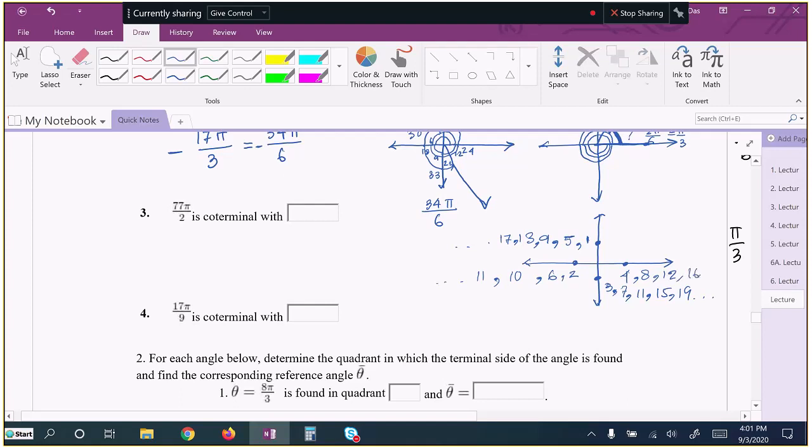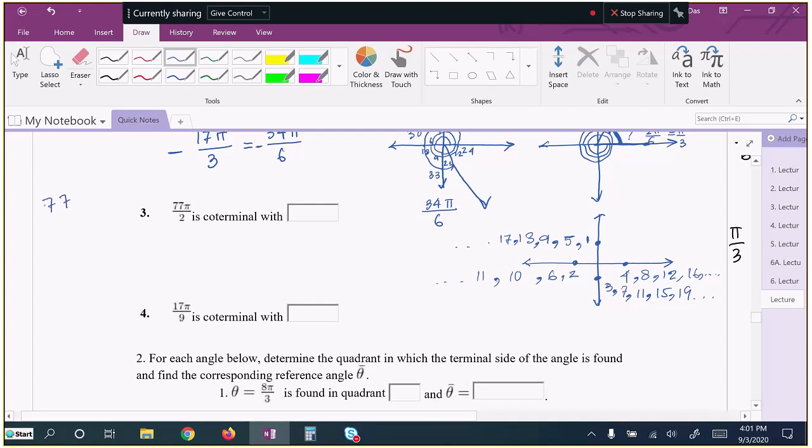What it tells us, once we have realized this pattern, is that if we want to know where 77 is going to stand on which of these axes, the positive x, the negative x, the positive y, or the negative y, what we need to do is divide 77 by 4 and think about the remainder.